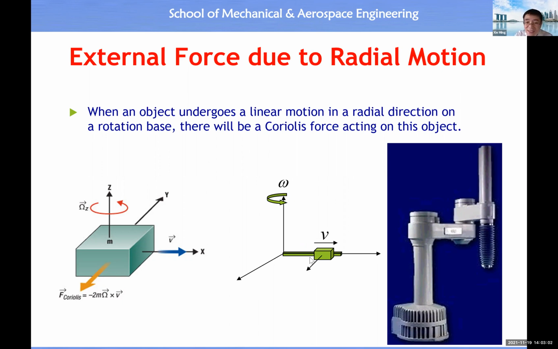So this is not the centrifugal force, this is the Coriolis force. This force was discovered by the French engineer Coriolis, which is why we use his name. Mathematically, this force is proportional to the angular velocity, proportional to the linear velocity, and proportional to 2 times the mass. This is the formula to calculate this force in this direction, which is perpendicular to v and perpendicular to the omega vector.